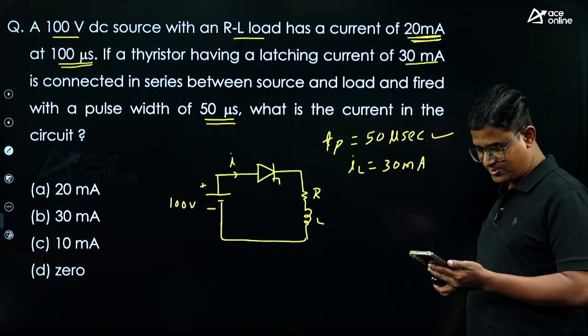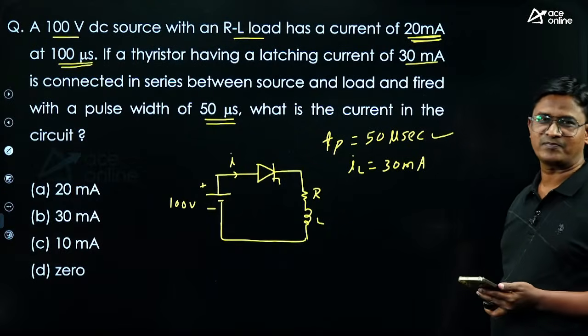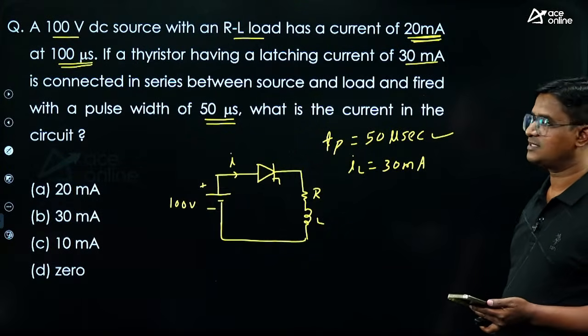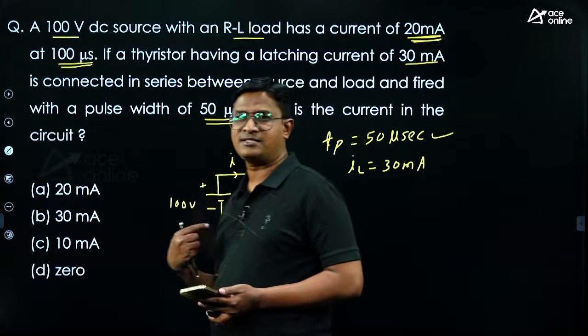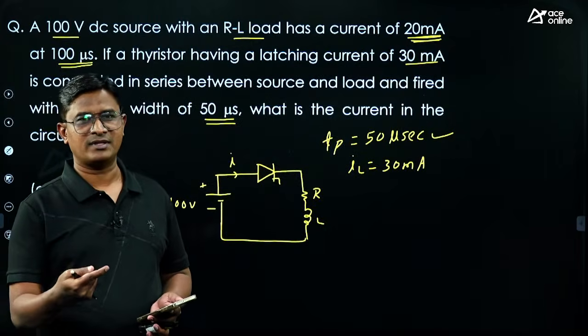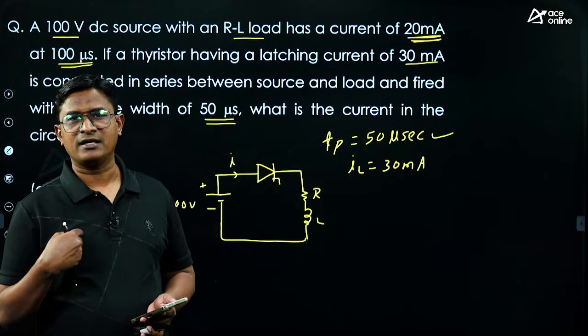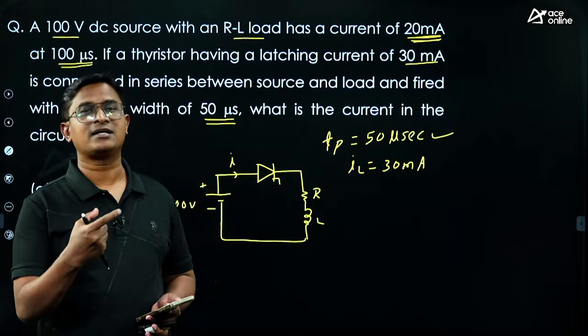I have not yet received any correct answer. Can anyone? Please listen here. In order to maintain the SCR even after removal of the gate signal, I need to maintain the gate signal till up to how much current? Latching current, right?